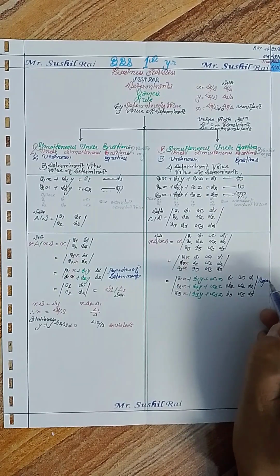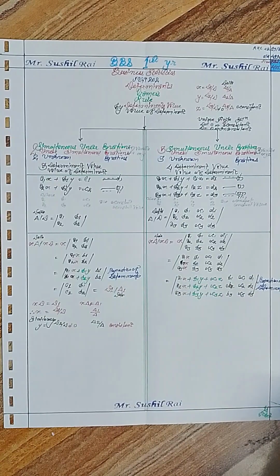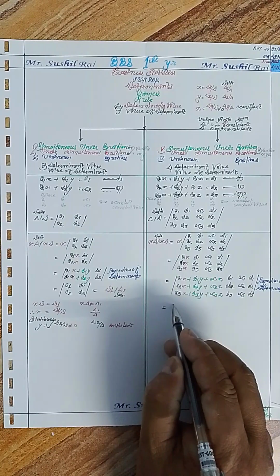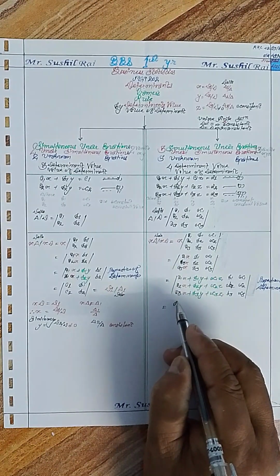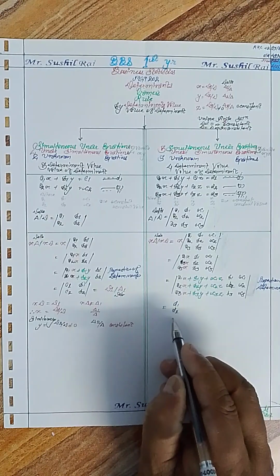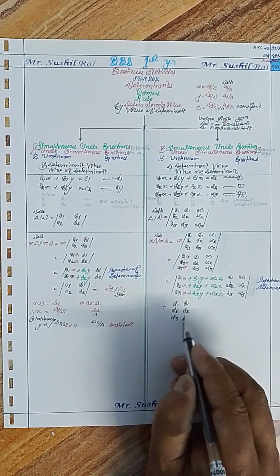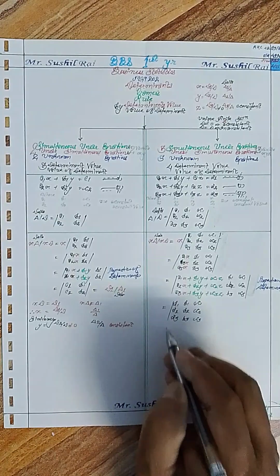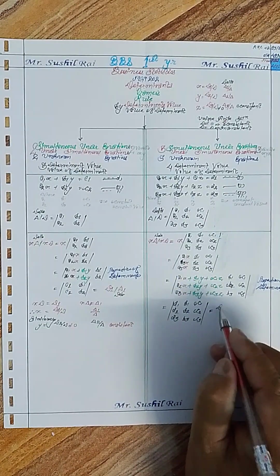Properties of determinants: this equals the determinant with columns d1, d2, d3; b1, b2, b3; c1, c2, c3, which equals D1, delta 1.